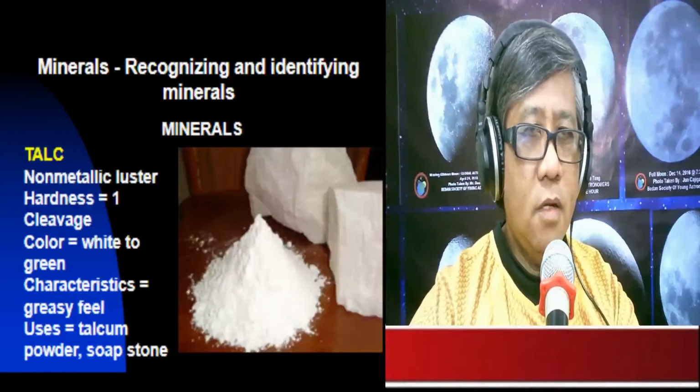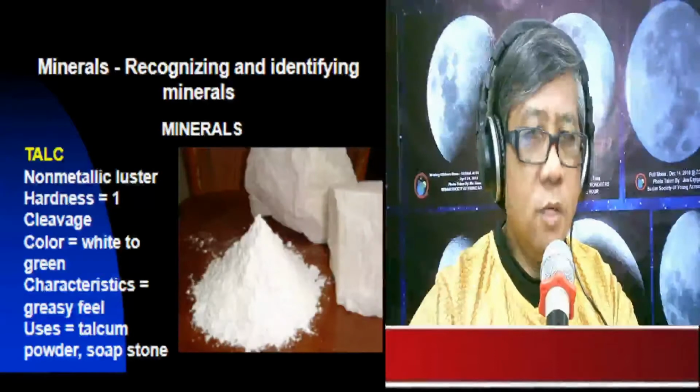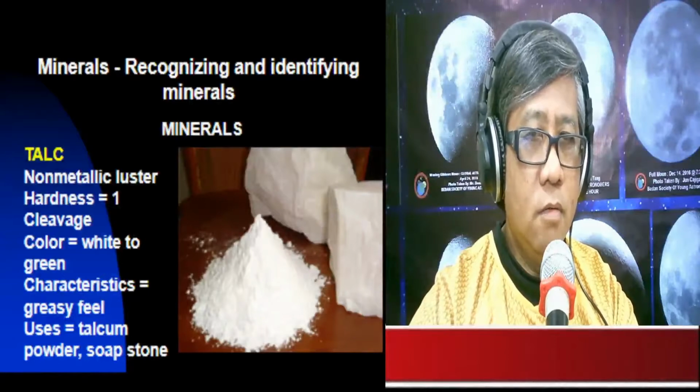Then we have talc. Talc exhibits a non-metallic luster, so its color is dull. Hardness is 1, so that's soft. In fact, talc is the softest of all the minerals. Talc exhibits cleavage, color white to green, greasy feel, and talc is used in making talcum powder and soapstone.